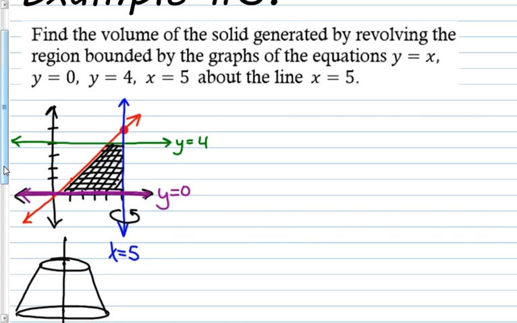Because we are going across x equals 5, not the x-axis. So just like the previous examples, we're going to use this in terms of y. Our limits are going to be 0 and 4. 4 is here, 0 is here.